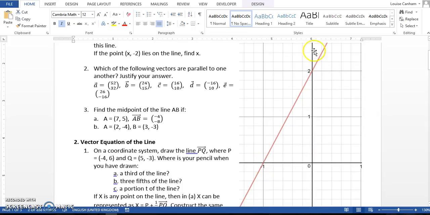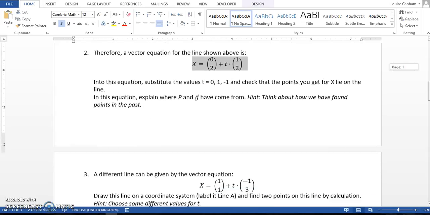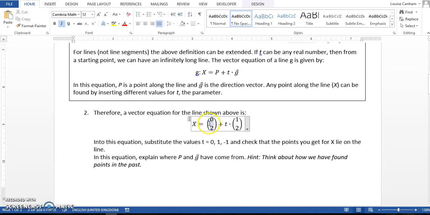If I want to go from here to here, I go 1 along, so 1 in the positive x direction, and 2 up, 2 in the positive y direction. And this works for any start point and any direction vector that goes in the same direction as the line. I could have also taken (-1, -2). So if you start from any point, it just means you go in the other direction along the line.